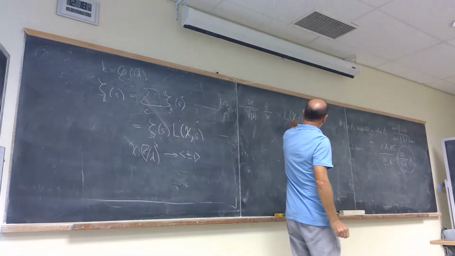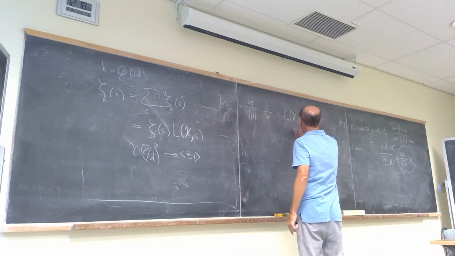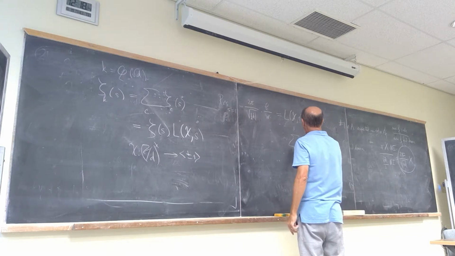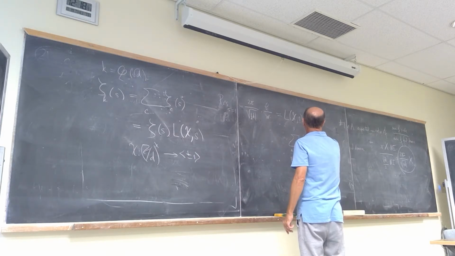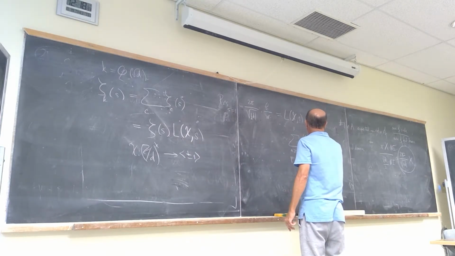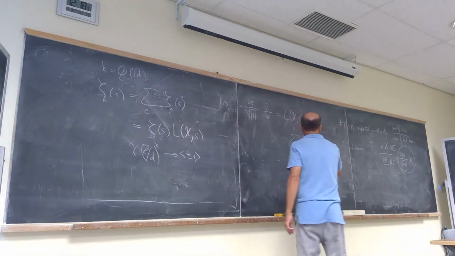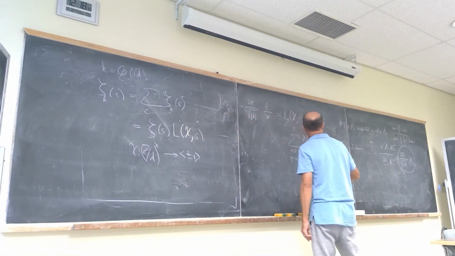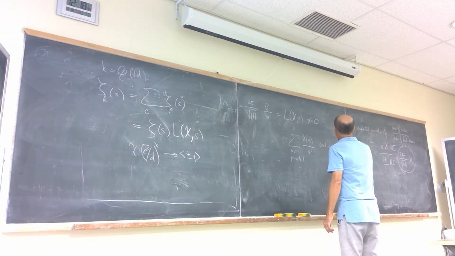But he then proceeded to find an analytic expression for this. I mean, this is the sum of A prime to D of chi of A, which is plus or minus 1, over A to the S. It's a conditionally convergent sum.